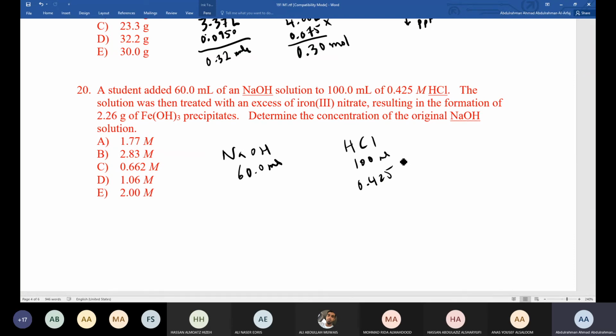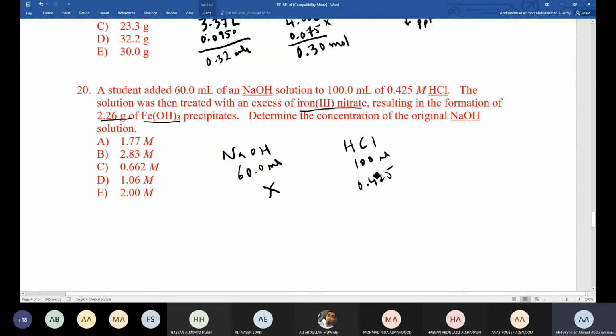The solution was then treated with excess iron nitrate. So if this one is 60 milliliter, we don't know what is the molarity yet. Then the rest was treated with iron 3 nitrate, resulting in formation of 2.26 gram of FeOH3.